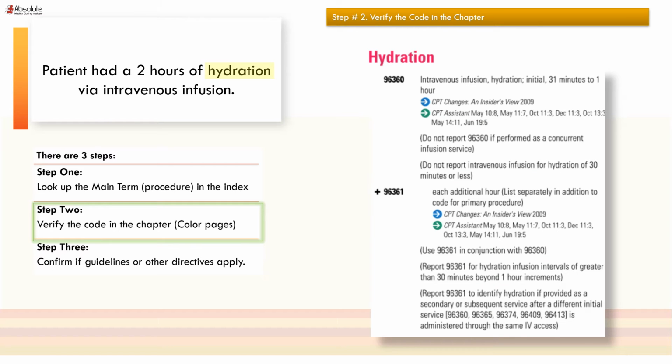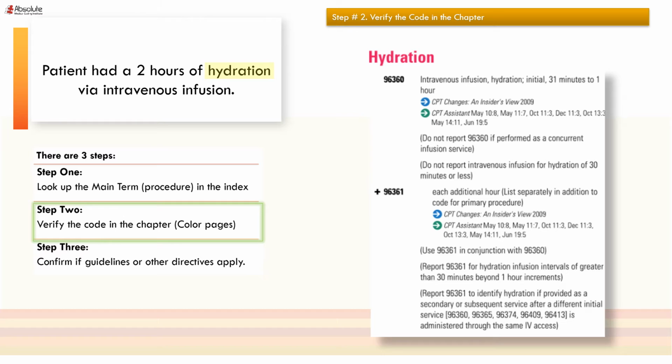So if we look up these codes in the chapter, it's under the heading of hydration. I like that. And if we look up 96360, this is the parent code of this family. So this is intravenous infusion, hydration, initial 31 minutes to 1 hour. And if you go down to 96361, this is for each additional hour.